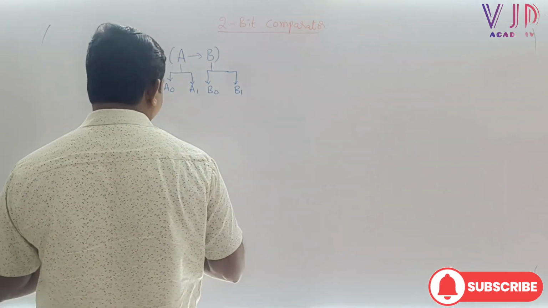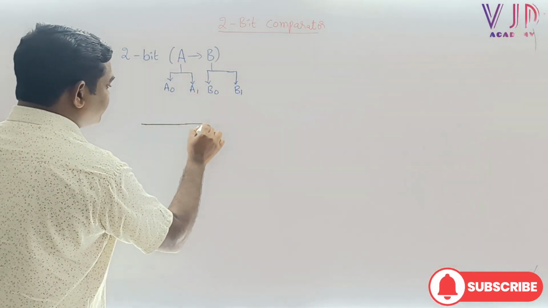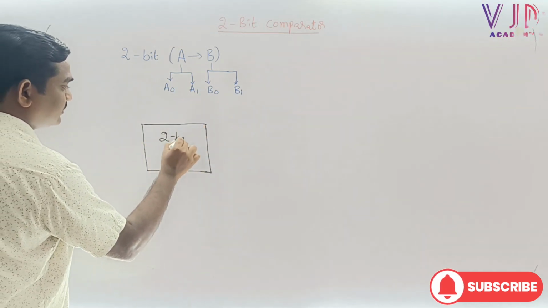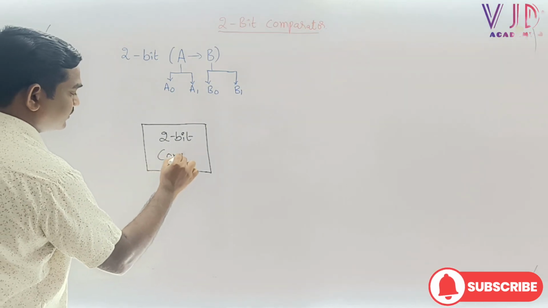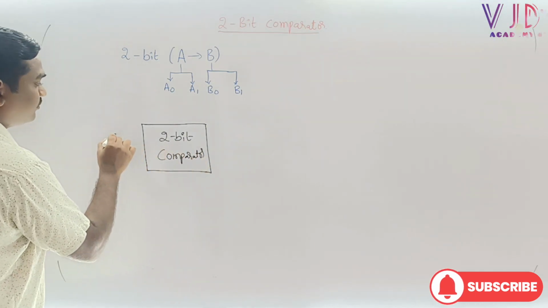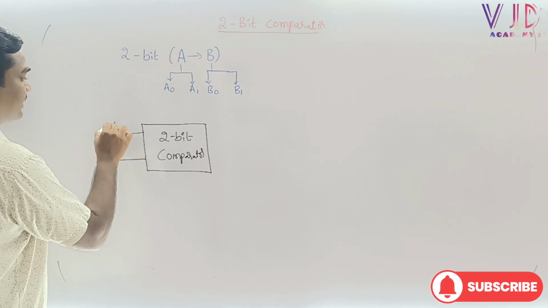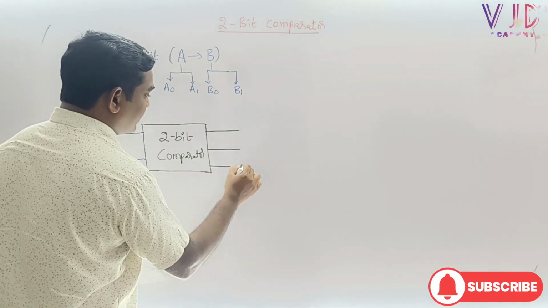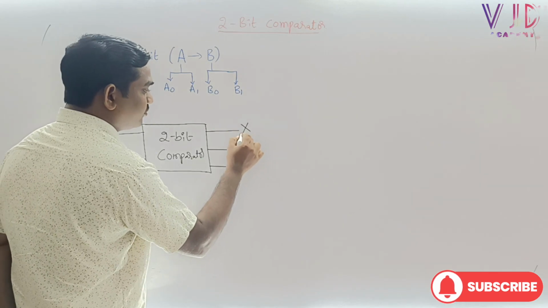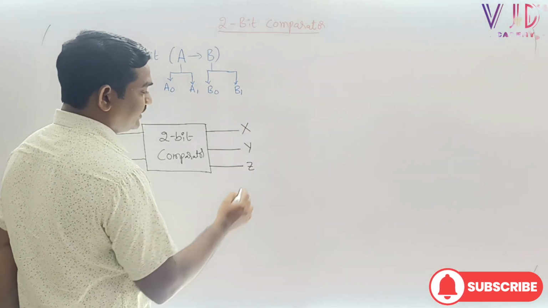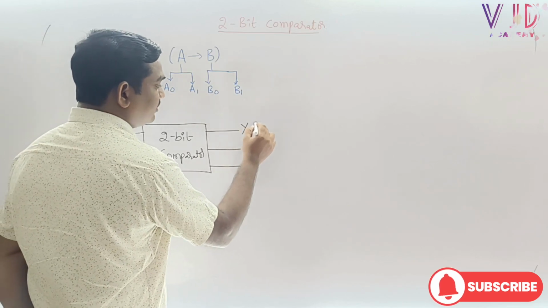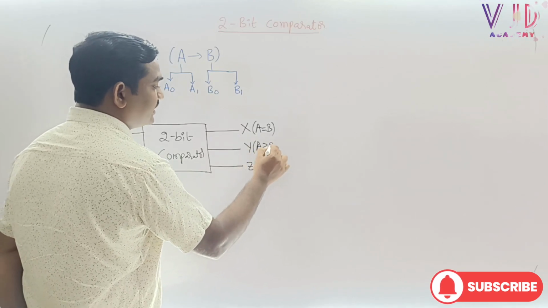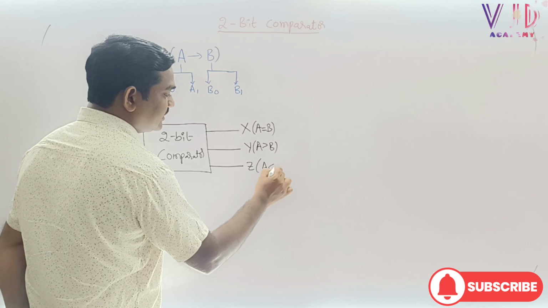Sir, if we see the logical circuit, this is the 2-bit comparator, and the inputs, as we seen here, are A and B, and for a comparator, as I told you in the previous lecture, we have 3 types of outputs: X, Y and Z. X is for A equal to B condition, Y for A greater than B condition, and Z for A less than B condition.